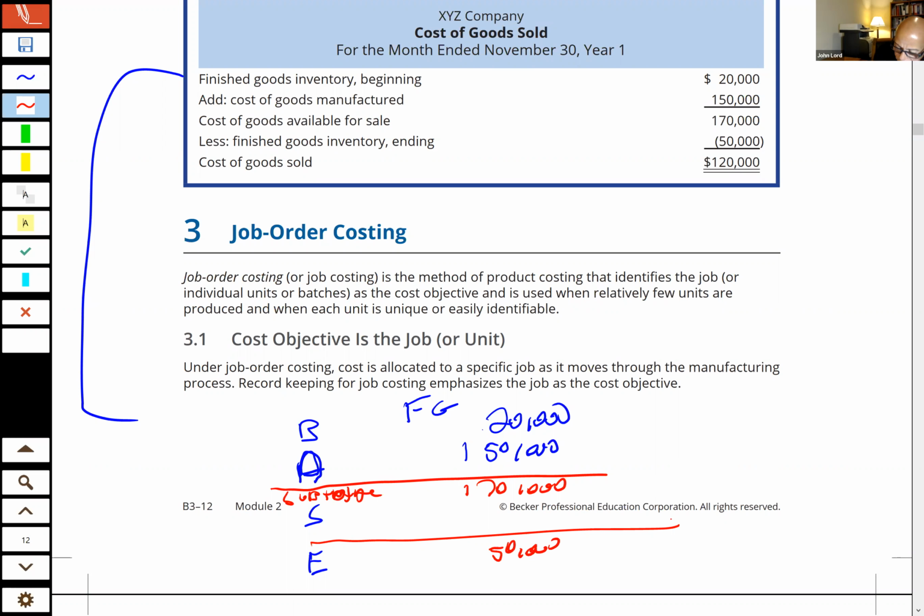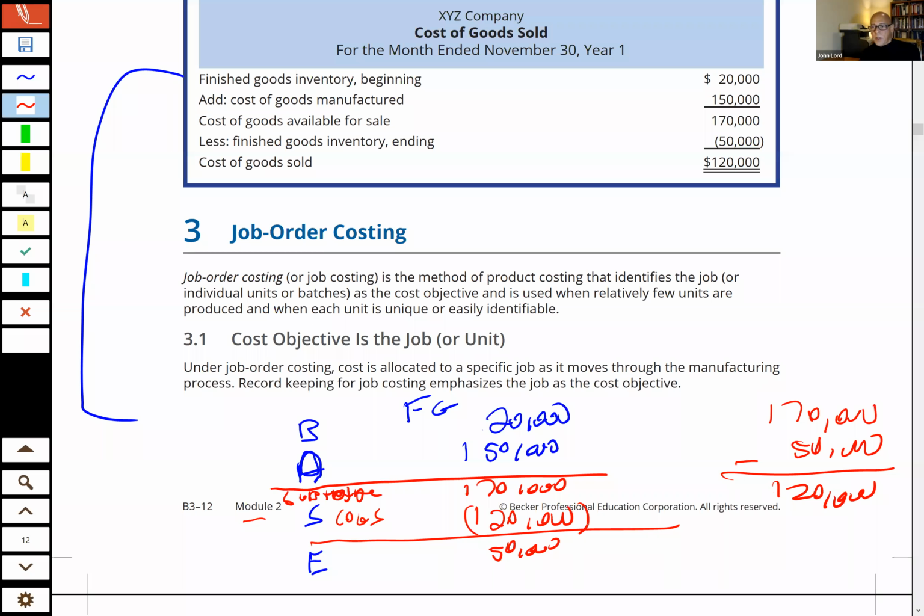So it's my job to figure out the subtract, and the subtract by definition is cost of goods sold. I always like to do my little side calculation. 170 minus the 50,000 means that there was a subtract of 120,000 to get to that ending inventory of 50. That subtract by definition is what comes out of finished goods, which by definition is cost of goods sold, right?